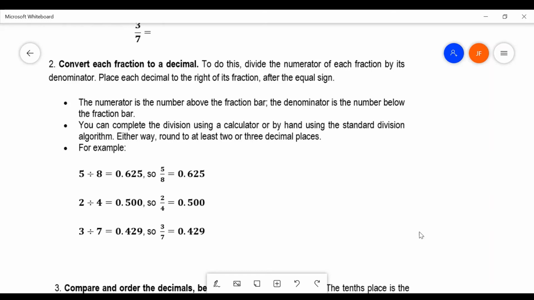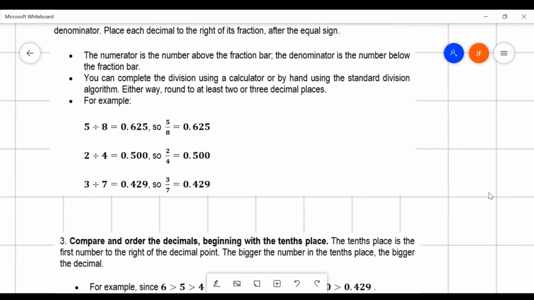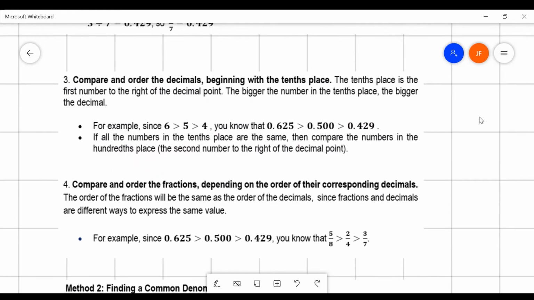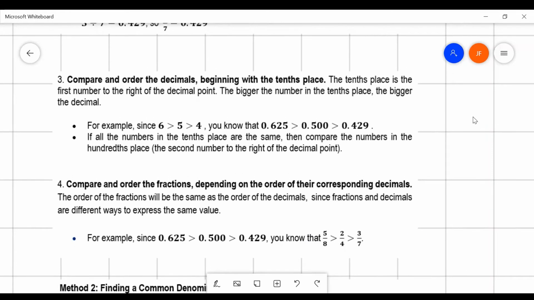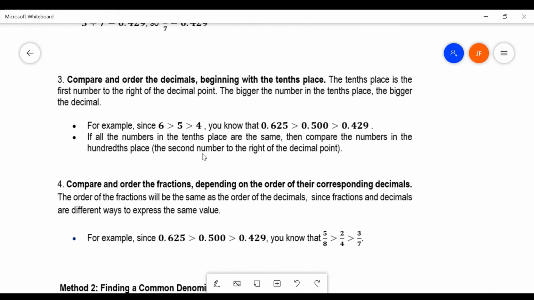Now let's proceed to step number 3: to compare and order the decimals, beginning with the tenths place. The tenths place is the first number to the right of the decimal. The bigger the number in the tenths place, the bigger the decimal.